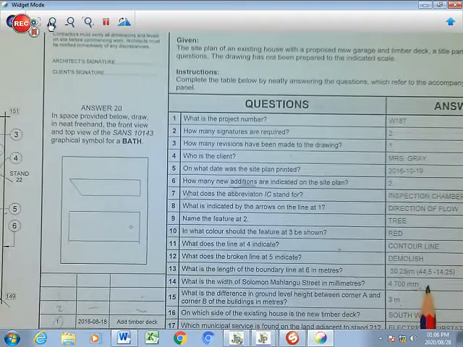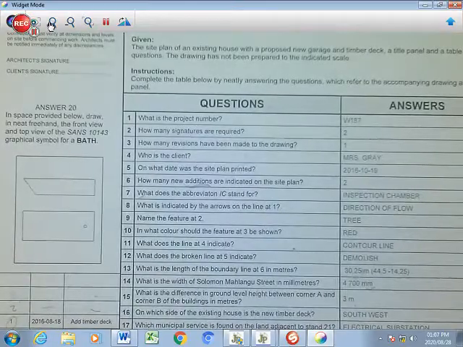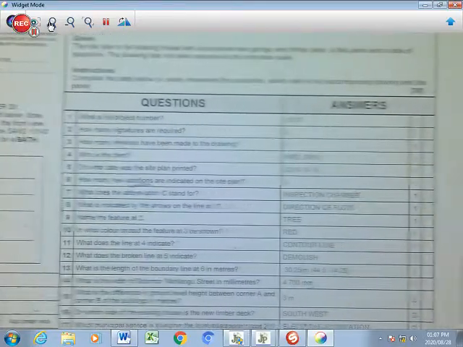And then new wood is yellow. So new wood yellow, red for any new additions in terms of masonry, which would be buildings, blue for iron, brown for sewer, and then green for new concrete. So just make a note of that.